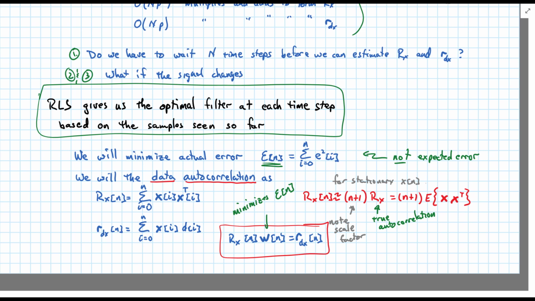Okay, so the advantages are that we're minimizing the actual error as we go along. The disadvantage, of course, is that there's a lot of computation, and that's what we're going to address in the next lecture.